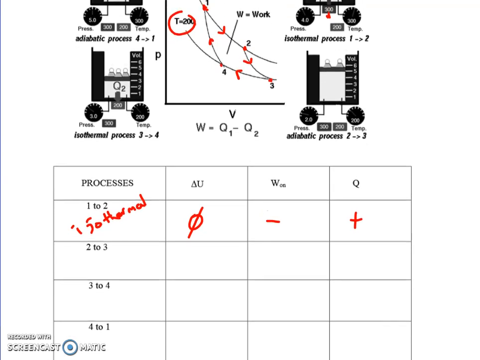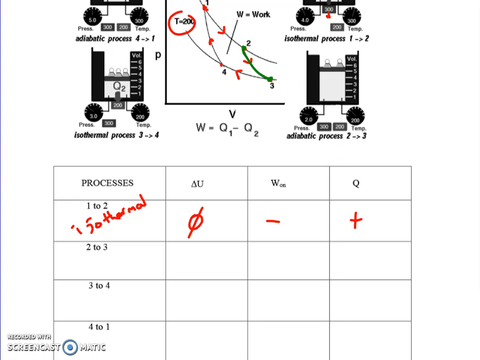Alrighty, now let's look at 2 to 3. In 2 to 3, we're jumping from the isotherm here to another isotherm here. And we can see we're going down in temperature. Our volume is going up as well, and the pressure is going down. Now, normally this would sound like an isothermal process because pressure is going down and volume is going up. But we can see clearly that the temperature is changing.